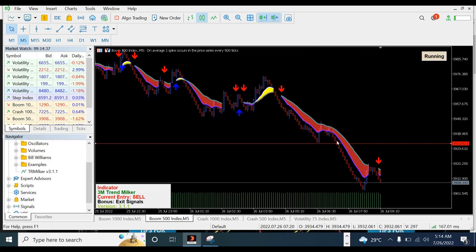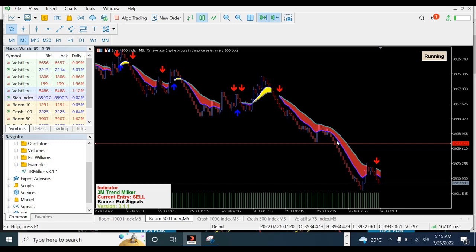For instance, boom 500 is more volatile than boom 1000, then boom 300 is more volatile than boom 500 and boom 1000, which means the more the volatility, the more the profit you can make. And also very, very important, you can lose your money easily within that region.